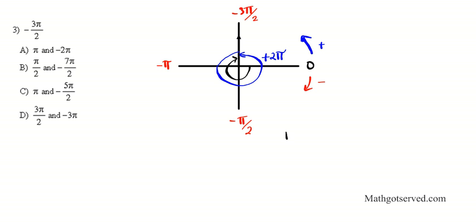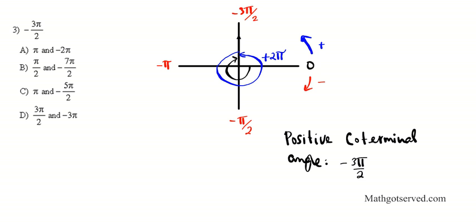So the positive coterminal angle is going to be negative 3 pi over 2 plus 2 pi. Okay? And if you do the calculation, you're going to get positive pi over 2.